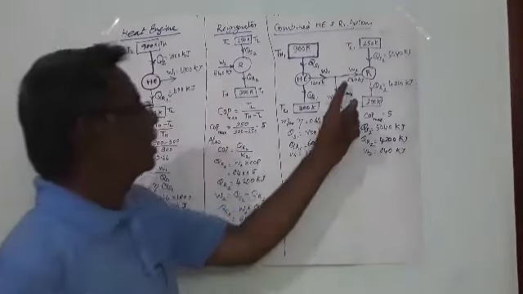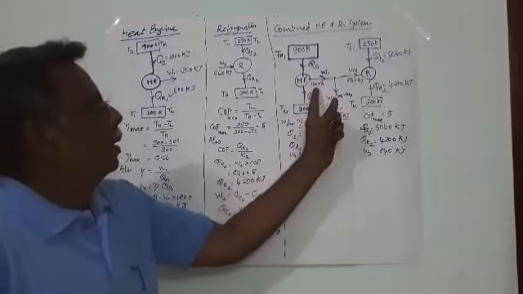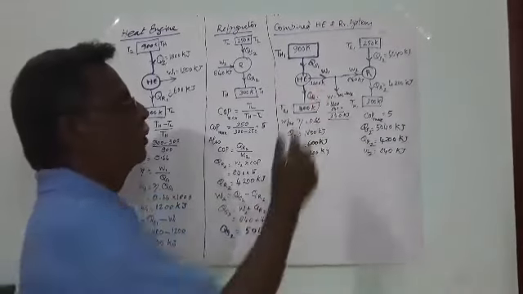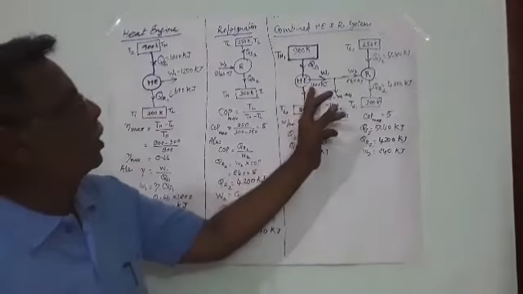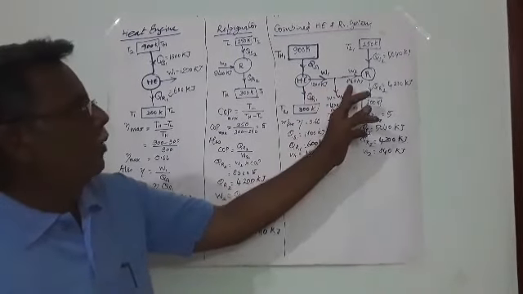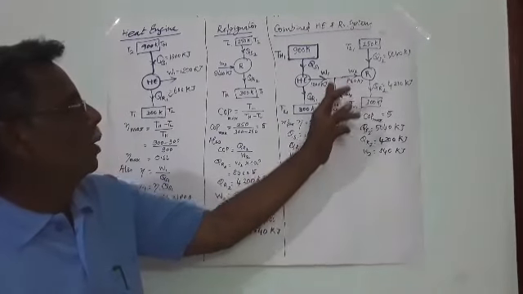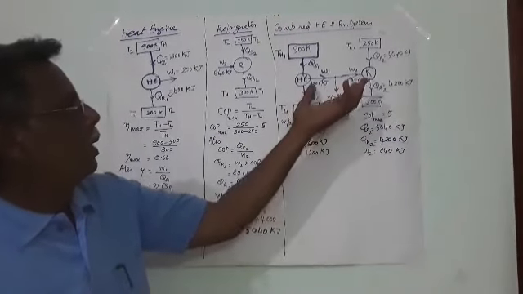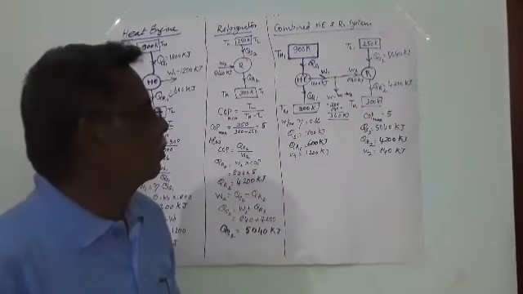So this work is obtained from the heat engine. 1200 kilojoules of work is obtained from the heat engine. From this 1200 kilojoules, 840 kilojoules is supplied to the refrigerator, and the remaining is the net work output from the combined system.